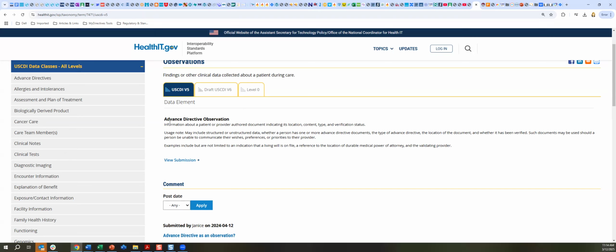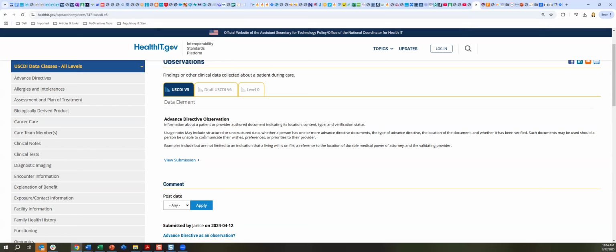And so what this was put into USCDI to represent was, this is any information about a patient or a provider authored document indicating where can I find it, what's in it, what kind of document is it, and has it been verified?